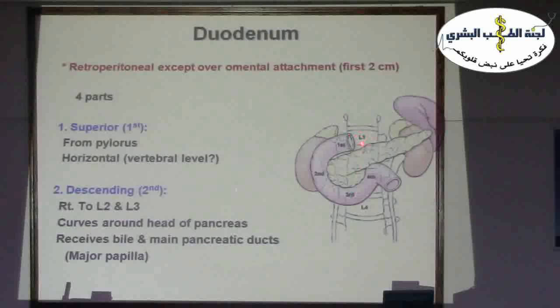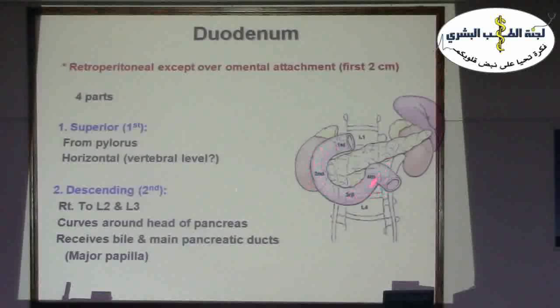As the duodenum curves around the head of the pancreas in a C-shaped structure, it is subdivided into 4 main parts. The superior part is at the level of L1, then we have the second part of the duodenum, the descending part, from L2 to L3. Then we have another horizontal part anterior to L3.